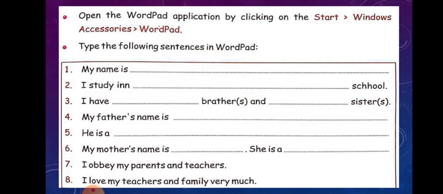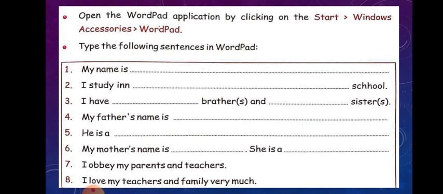Now, next one. Page number 41. Lab activity is given over there. You will have to open the WordPad application by clicking on Start, then open Windows Accessories and open WordPad. Then type the following sentences in WordPad.